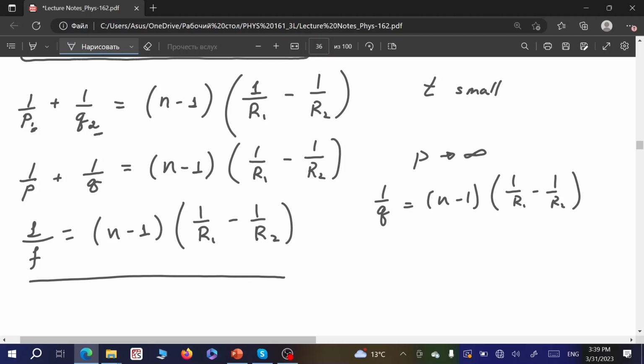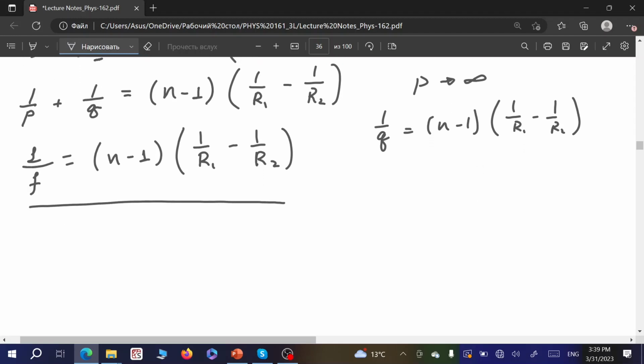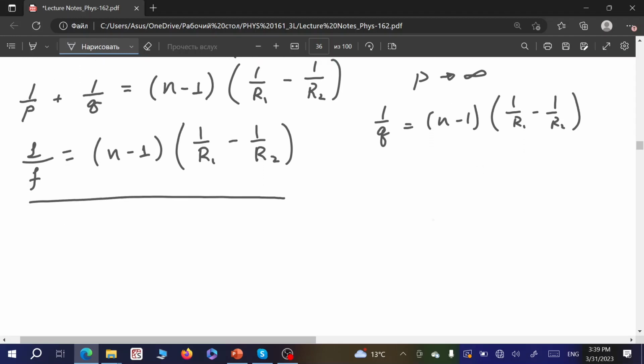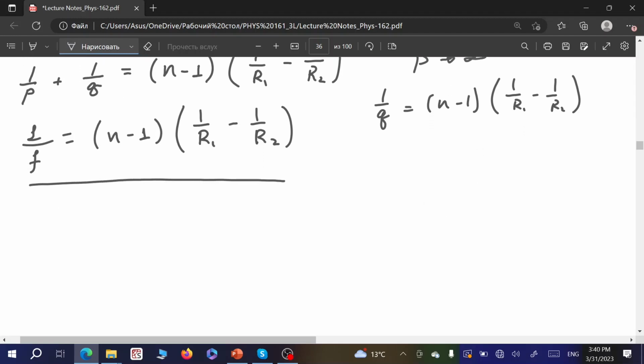So now finally we can write down the general equation. It will be 1 over p plus 1 over q, and that is equal to 1 over f. As you remember, we had a similar equation for mirrors, so they share these concepts.